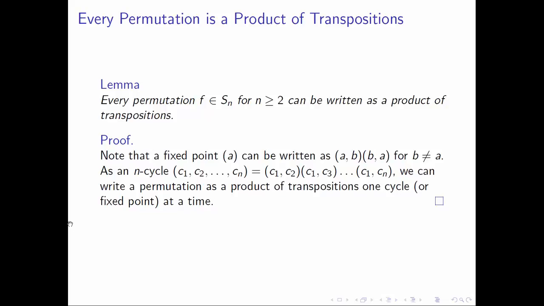And the next thing we have to consider is what if we have an n-cycle where n is greater than or equal to 2. So you have some number c1 followed by some number c2, and you go on until you get to some number cn.